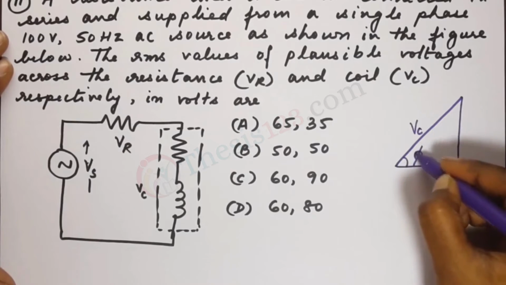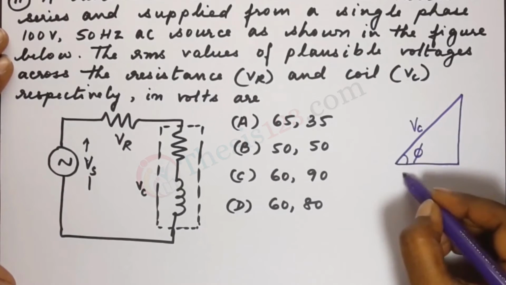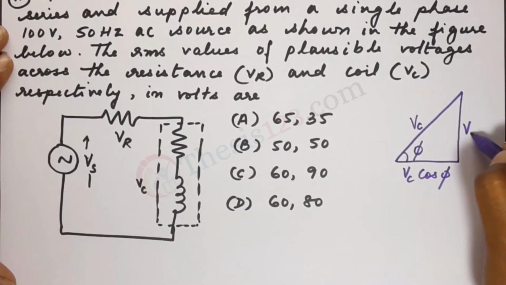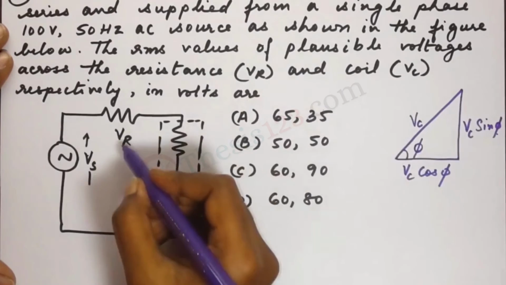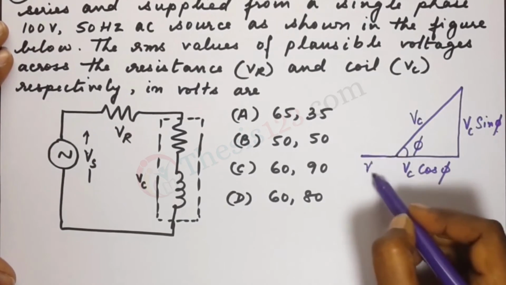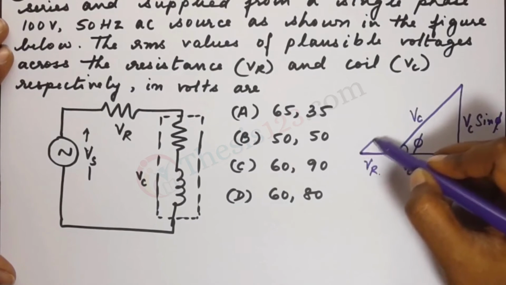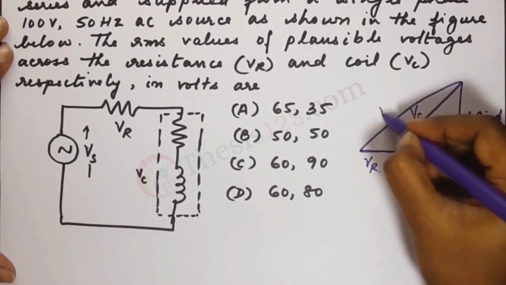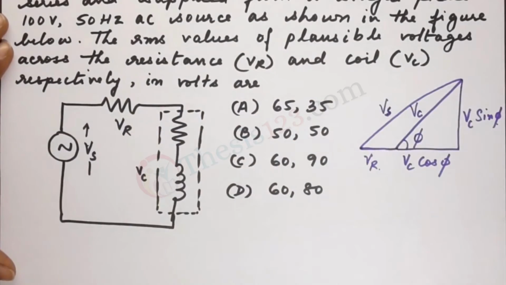The angle phi denotes the angle at which the source is running. Our horizontal component is VC cos phi. Our vertical component would be VC sin phi. VR, we know the phasor of VR is always in phase, so we draw this line here, which is VR, and the resultant to the point at the very end, a straight line, would be the source Vs.